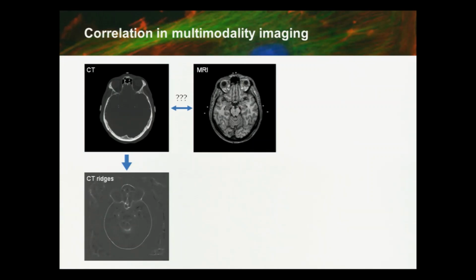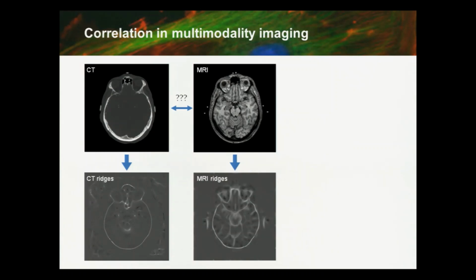That's a bit of a misleading term because we're going to talk about transformations. What I mean is to transform the intensities, so not the geometrical transformation of the image itself, the spatial transformation, but you can apply image filters to enhance certain intensities and suppress others depending on which structure they are in. So for example, if you apply a ridge filter, which enhances elongated structures in the image, this bone structure will light up. If you apply a similar filter to the MR image, the same structure will also light up.